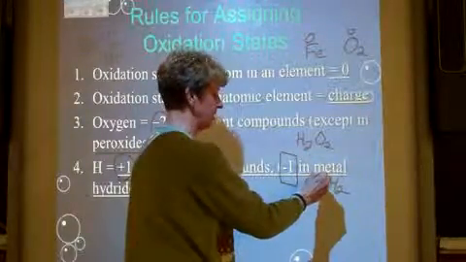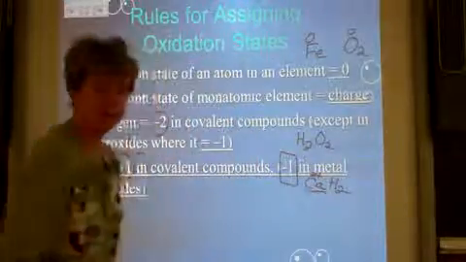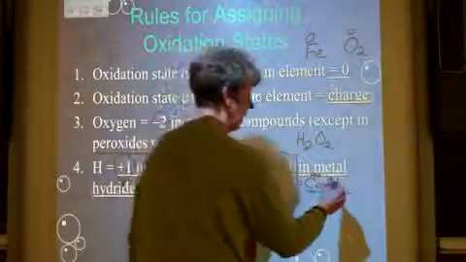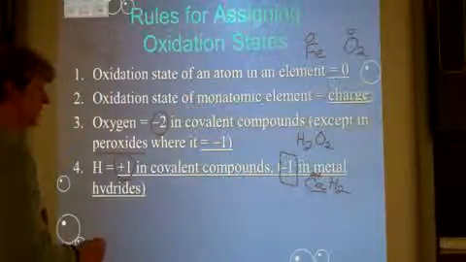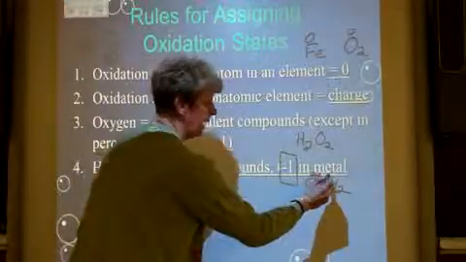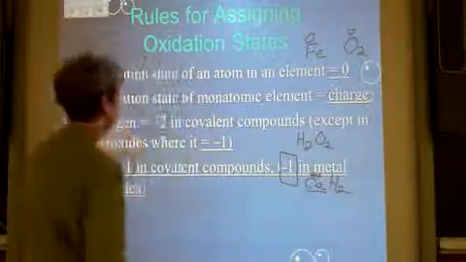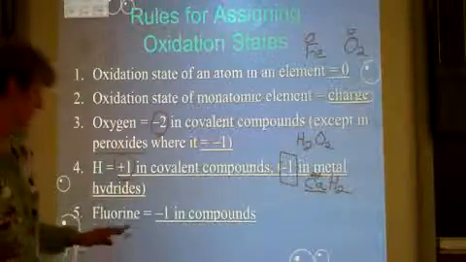Calcium is a +2. Somebody has to be a negative in order to fulfill my next rule. So that means when I have hydrogen in that second position with a metal in the first, then hydrogen is a -1. It'll make more sense when we do it, but let's just get through these.